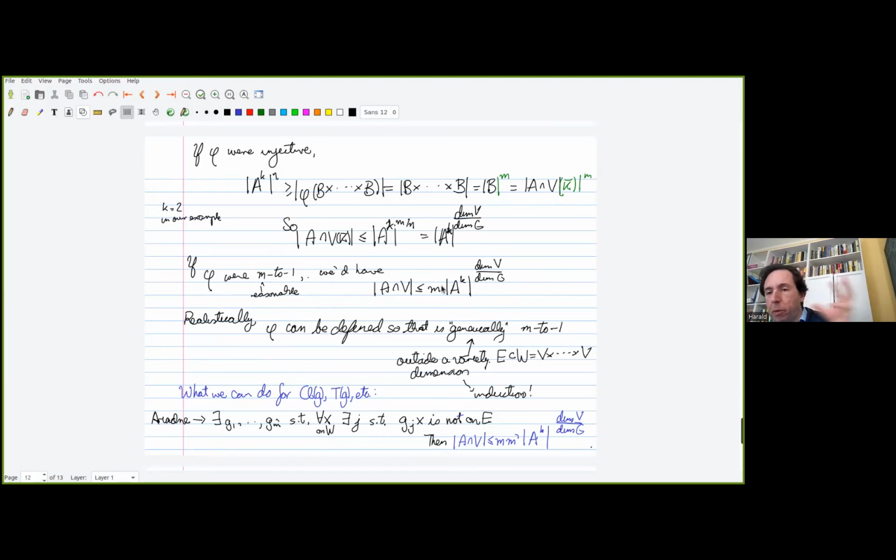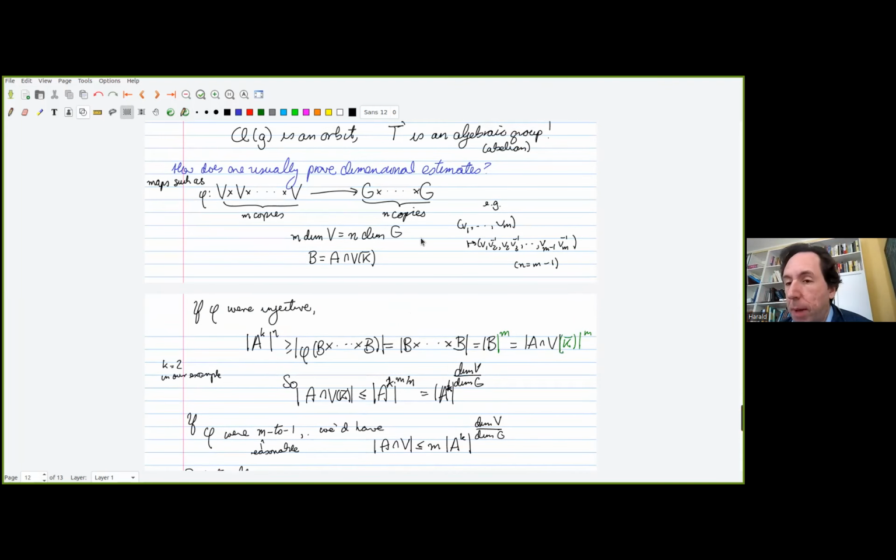If m points get mapped to 1, then your bound degrades by a factor of m, which is fine if m is reasonable. Well, even that is not quite realistic. Realistically, you can define phi so it's generically m to 1. You can define it so the dimensions match.